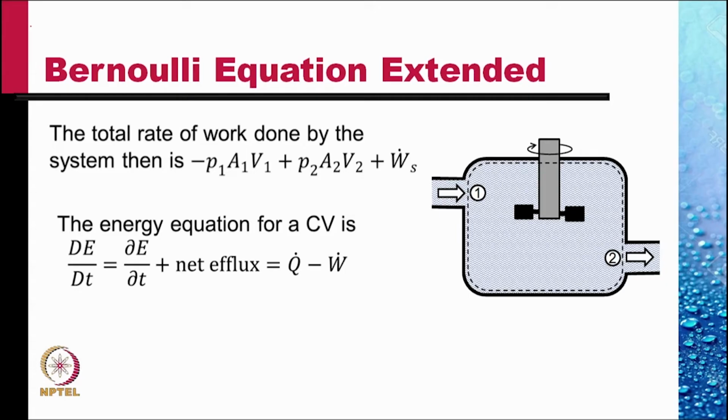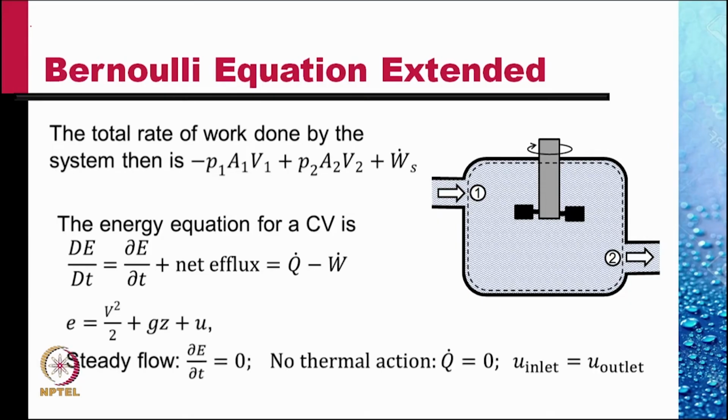The energy equation for the control volume that we obtained earlier was dE by dt, the material rate of change of the energy contained in the system, is equal to del E by del t, the rate of accumulation of energy within the control volume, plus the net efflux, and this should be, by the first law of thermodynamics, Q dot minus W dot.